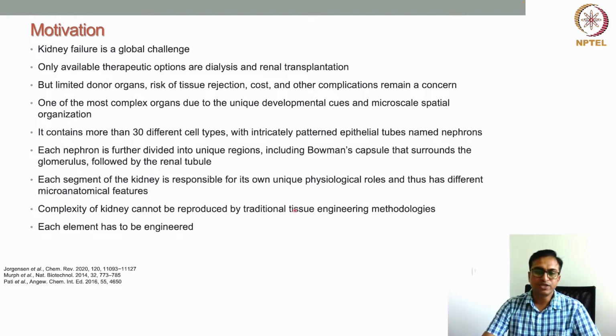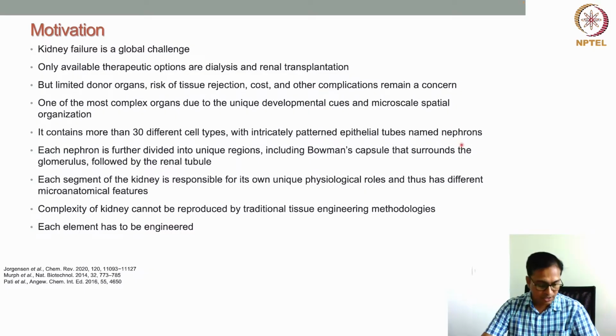So the different structures are present at different scales. The nephron is the functional unit of the kidney, and there are billions of nephrons present in a kidney, which do the filtration, collect the urine, and finally send the urine to the urinary bladder for release.